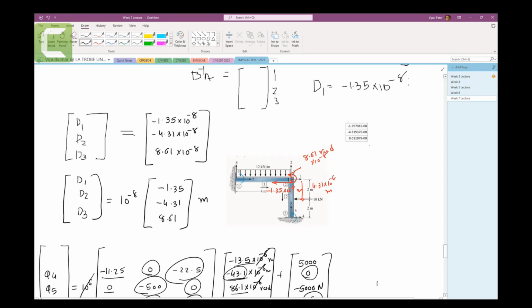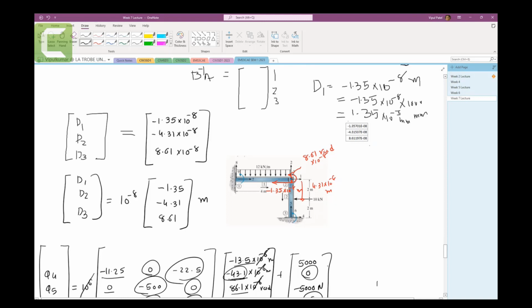So if I multiply this by a thousand, I will get it in millimeters. So let me do it. 1.35 times 10 to the power minus 8 times 1000, you get 1.35 times 10 raised to minus 5 millimeters.